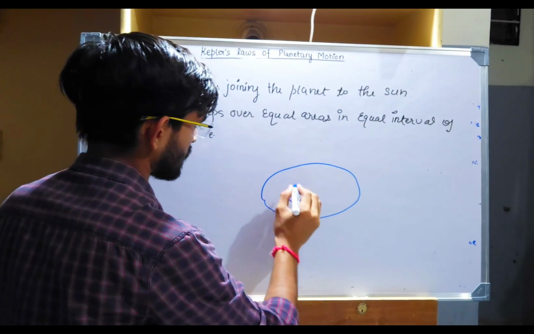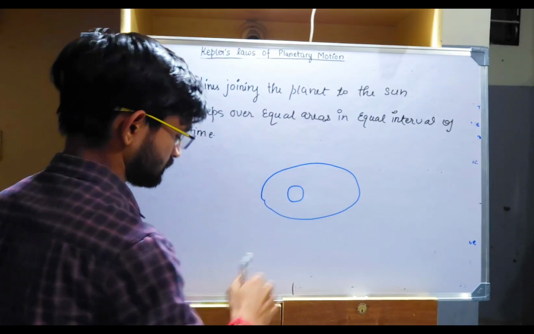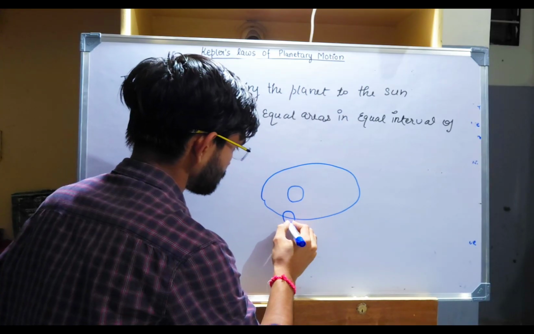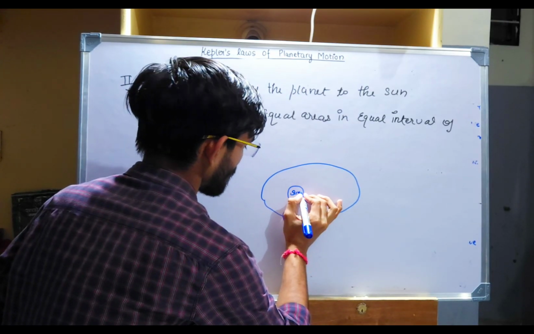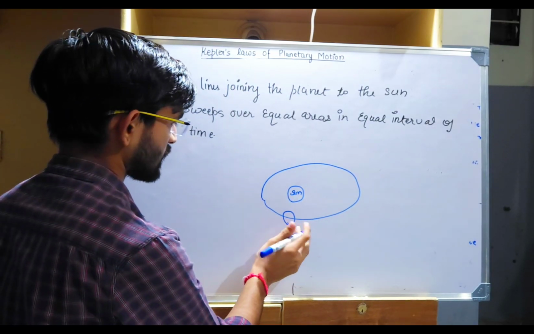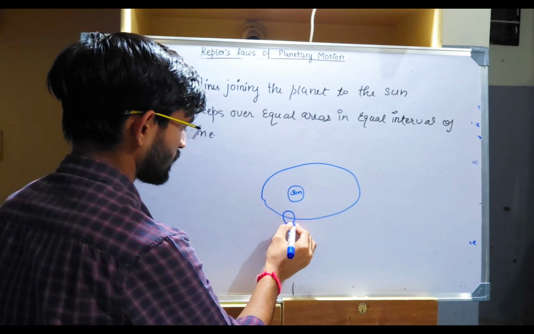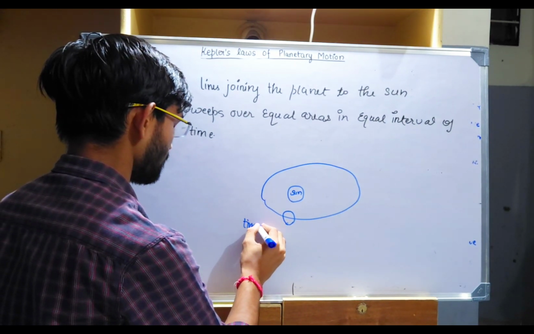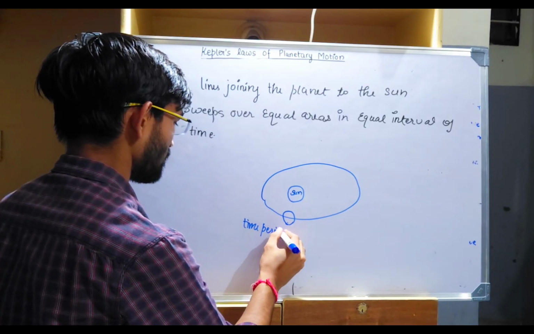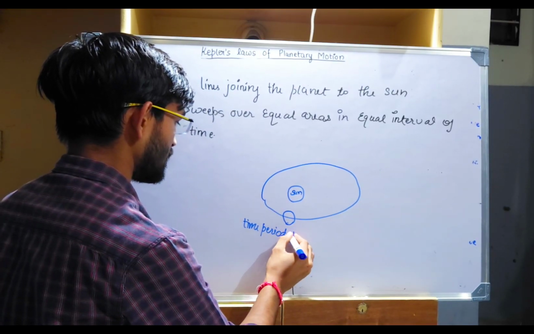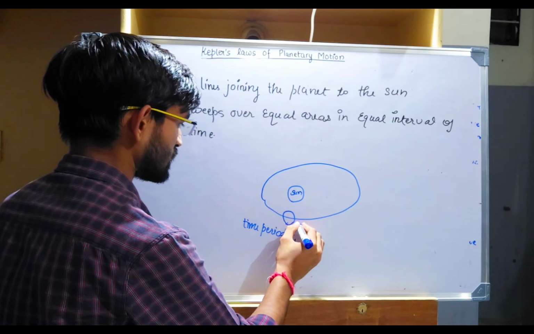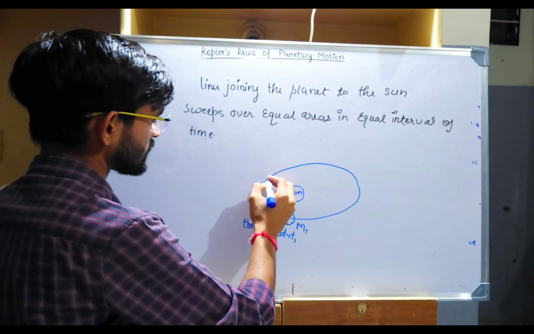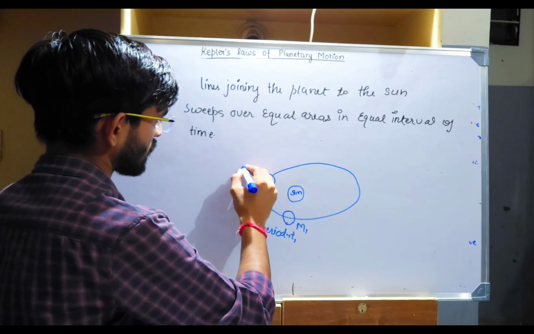Suppose here is the sun and this is the elliptical path of Earth. Earth started its motion from this point m1, and in time t1 Earth reaches point m2.